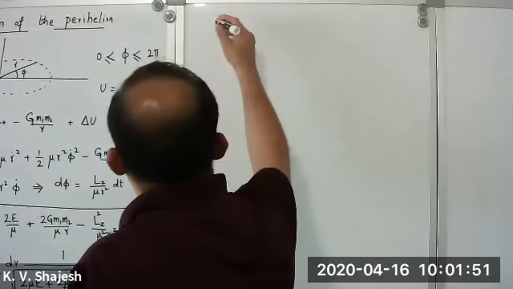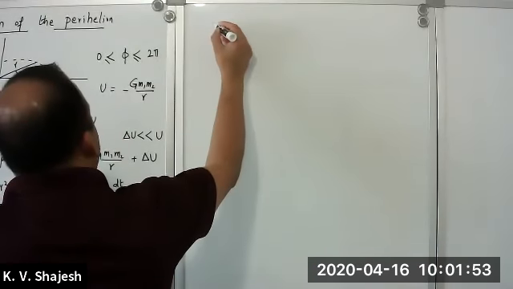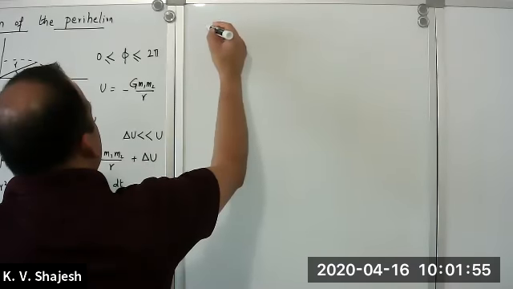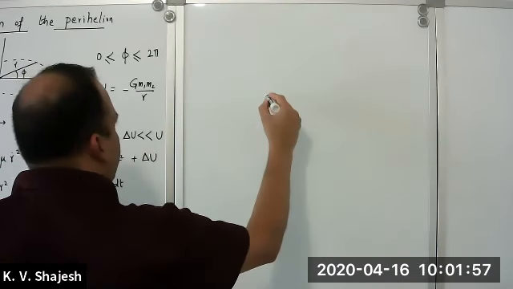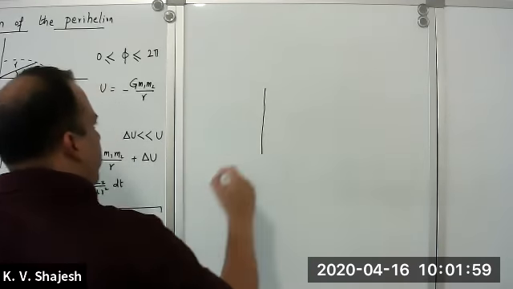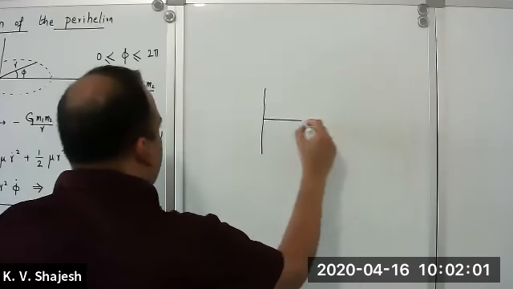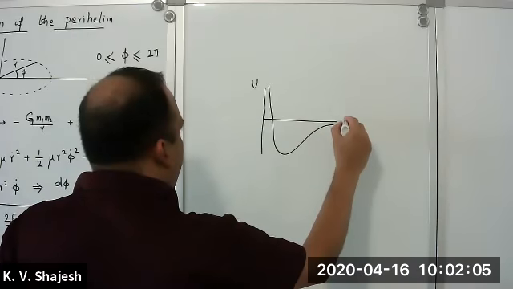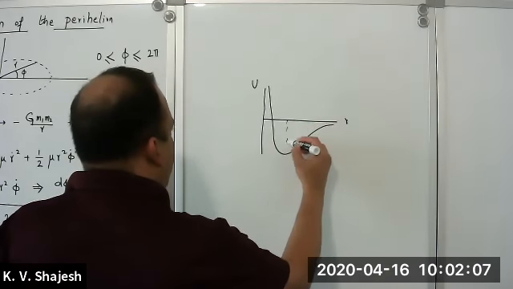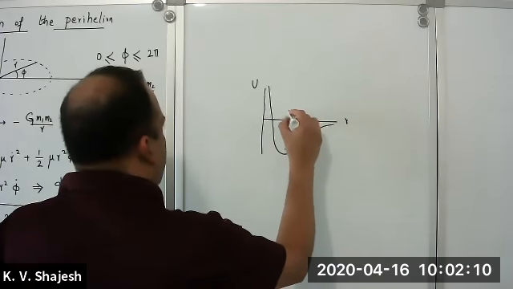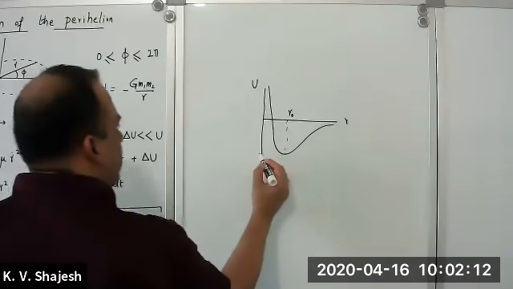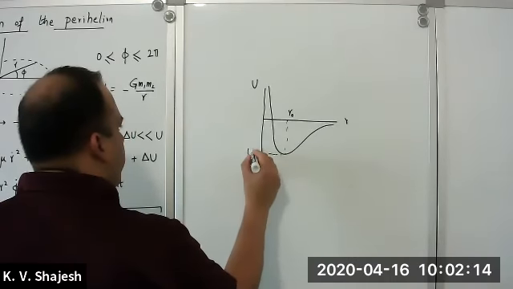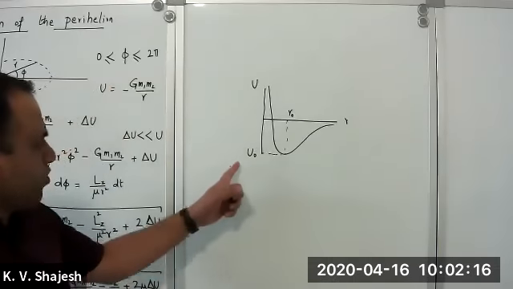We introduced some parameters last time. Remember, we set the effective potential to be of this form, and the minimum of this was called R naught, and the energy at the minimum was called U naught, or U effective at R naught.